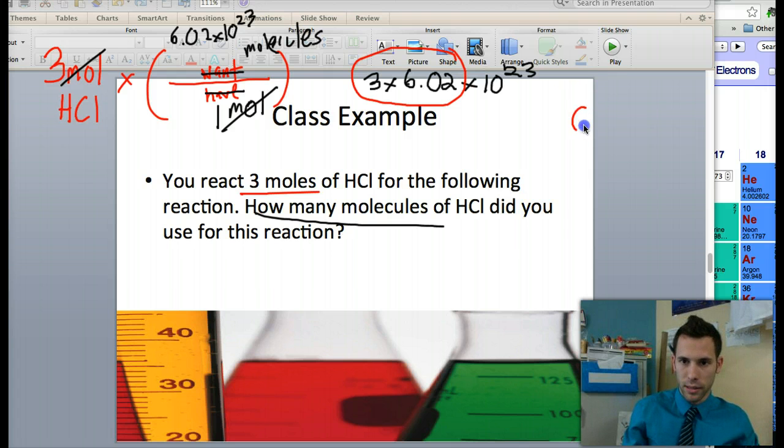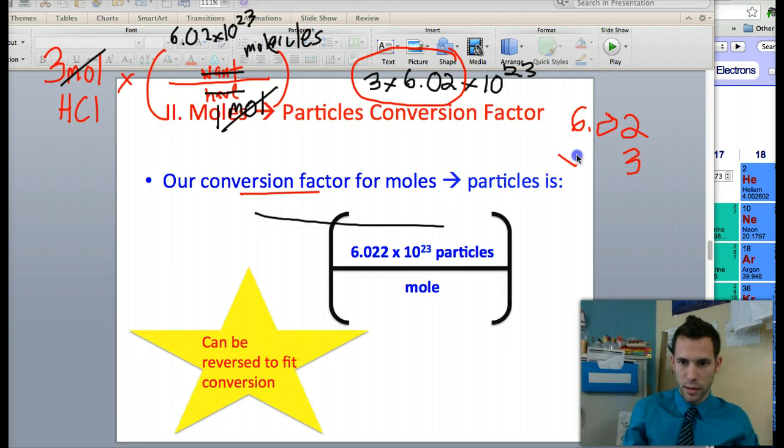It's going to look like this. 6.02 times 3, which is going to give me, hold on, 6, 0, 18. And since there's 2 decimal places, boom, 18.06 times 10 to the 23rd.